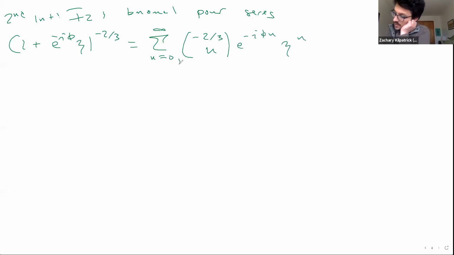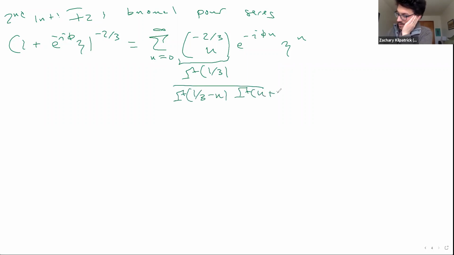So what is this coefficient here? The binomial coefficient minus 2/3 choose n. Turns out we can write it as gamma of a third, over gamma of a third minus n, and then gamma of n plus 1.